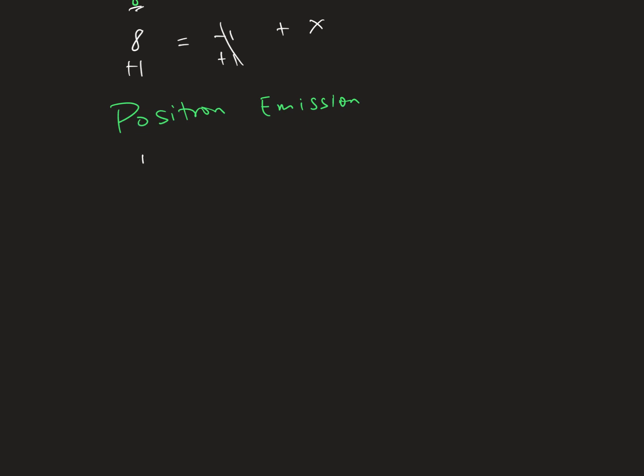So if we have a proton in our nucleus, which we do, right? And we get rid of a positive electron or a positron, it comes from the proton. It's not buzzing around the atom just like electrons do because it's not negatively charged. It's inside the proton. A proton is +1.